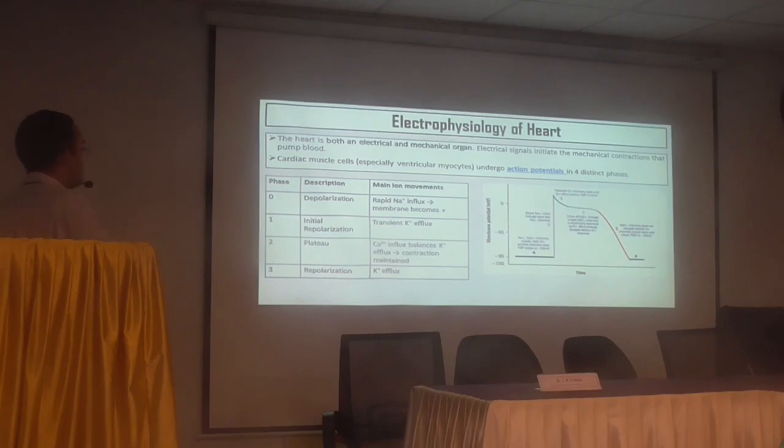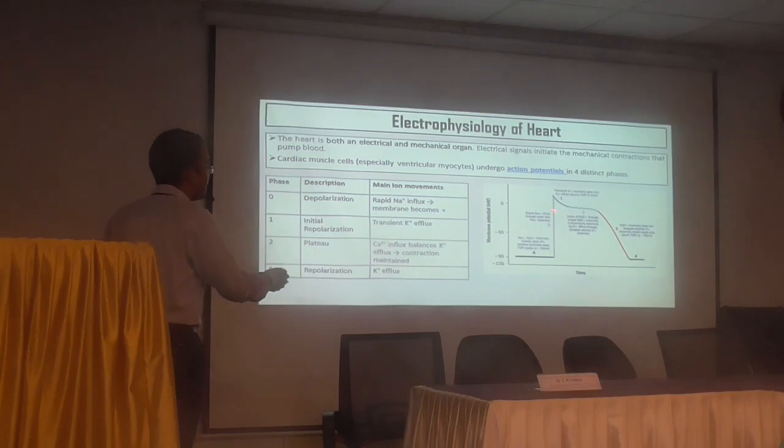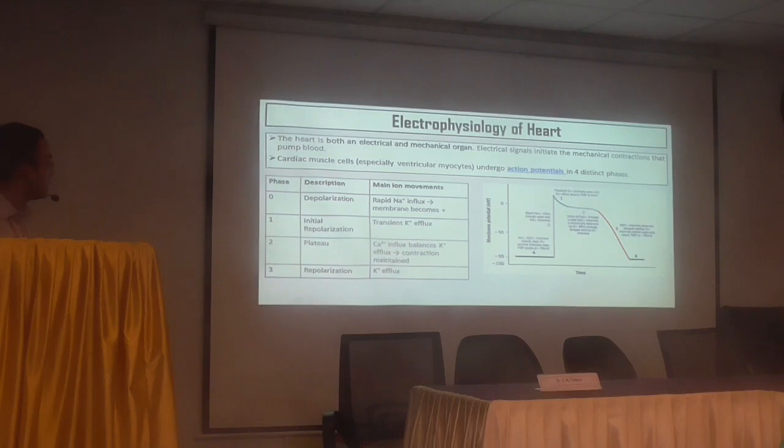Initial repolarization, that is phase 1. After that, that is the plateau phase. In the plateau phase, calcium influx and potassium efflux take place simultaneously. That's why there is no voltage difference. That is denoted as the plateau phase.